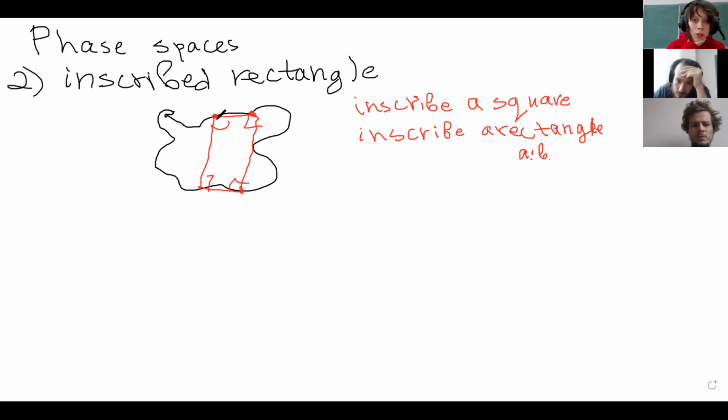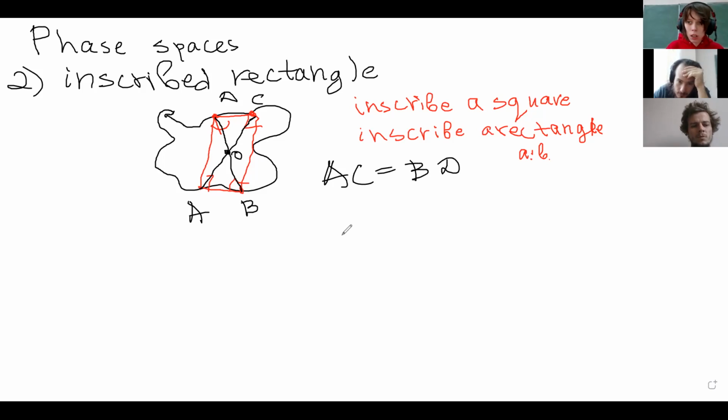At first, let's notice that if I connect opposite corners of my rectangle, I get two equal line segments. So let's say it's A, B, C, D, and this point is O. So I get two equal line segments, and O is the middle point. So AO equals OC and DO equals OB.